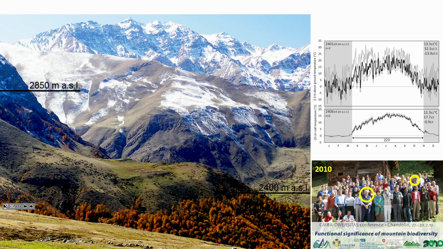But why are there no such trees there? The reason is that there are no conifers in this forest at all. Taxus baccata is there, but it is at lower elevation. It's not a tree-line species. There is no Picea, no Pinus, no Abies, no Larix, and it is not because of human activity.